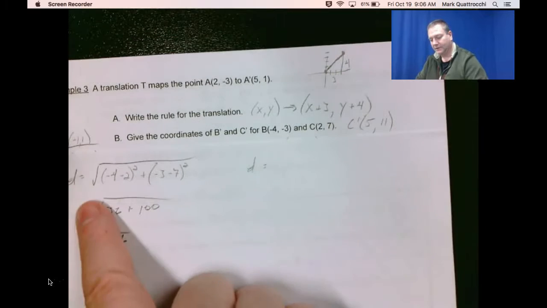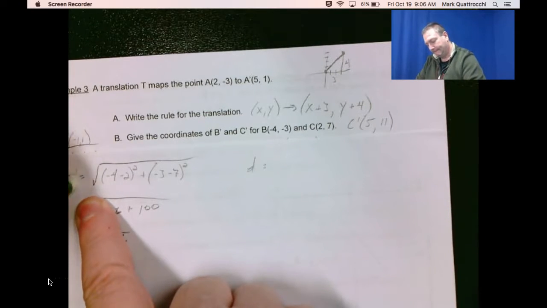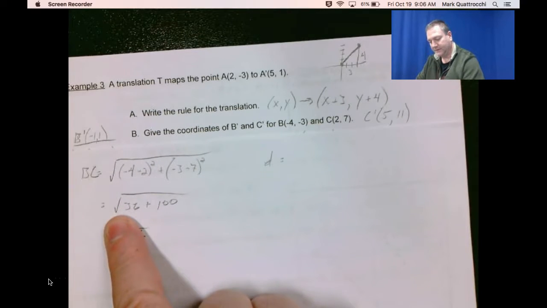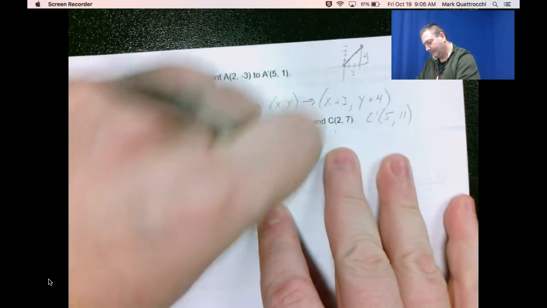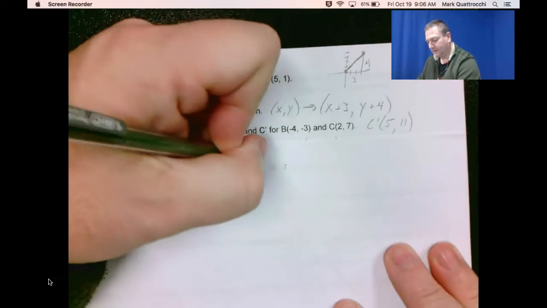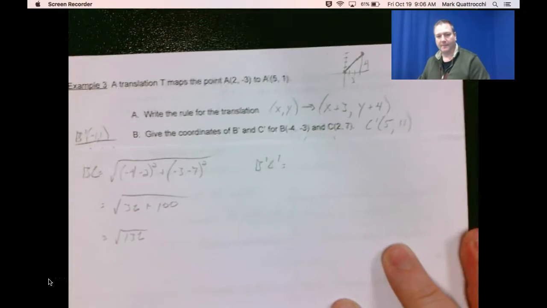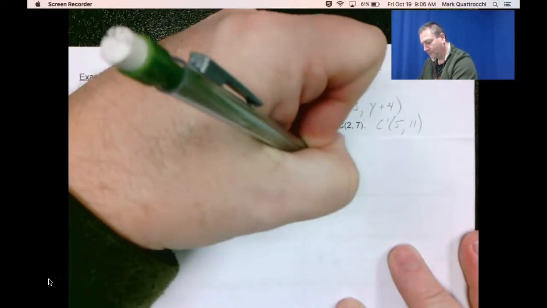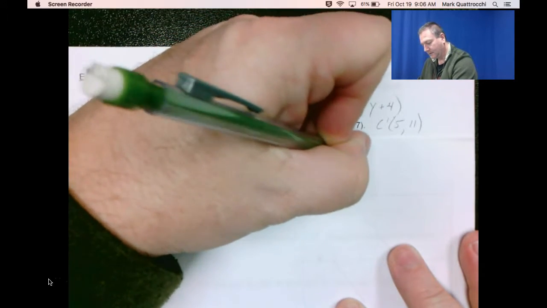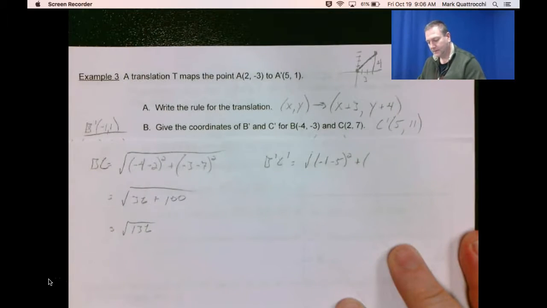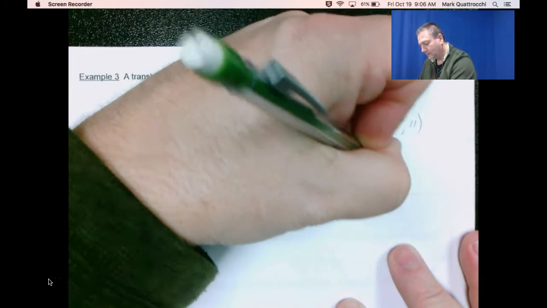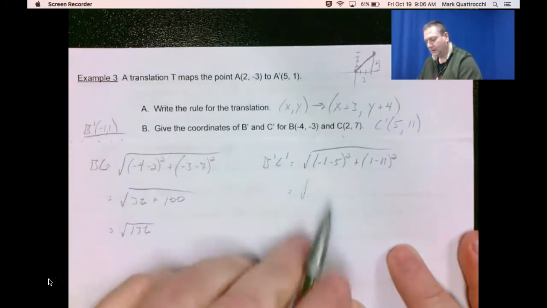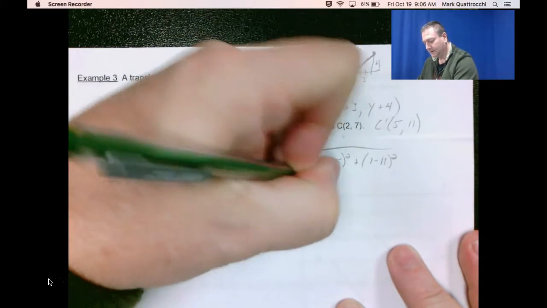Now, let's do B prime, C prime. So I'm going to change my notation. Length of segment BC, length of segment B prime, C prime. Okay. Square root of negative 1 minus 5 squared plus 1 minus 11 squared. Negative 6 squared is 36.